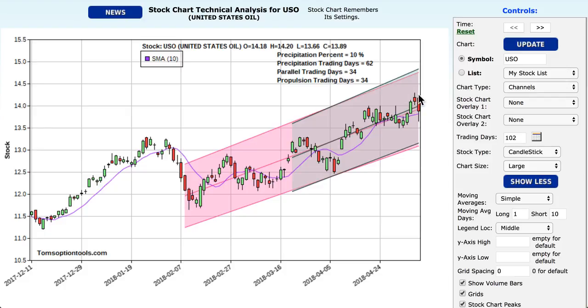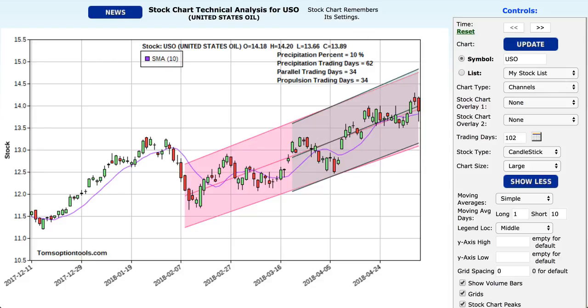And now we're seeing a potential to move back into resistance. First area of resistance, $13.50 for USO. Second area is $12.60, which is very interesting because that's the same area that we saw on our last chart. So stock chart peaks and trend channels are converging together, giving us a lot of information for support points.